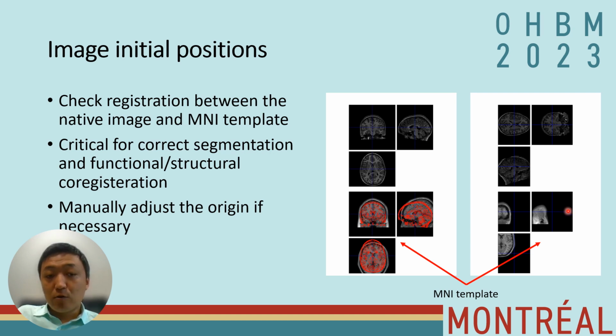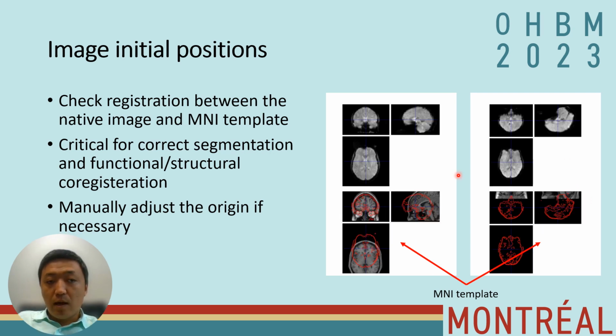This may not be good because in later steps, in segmentation or functional-structural coregistration, those processes may fail. In these scenarios, we may need to manually set a range or rotate the image in order to better perform later processing steps. And here is another example of functional images.